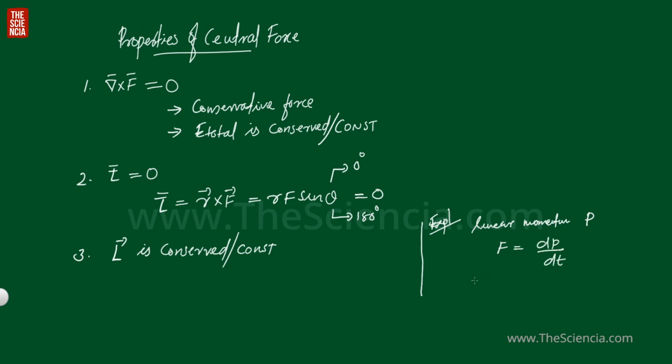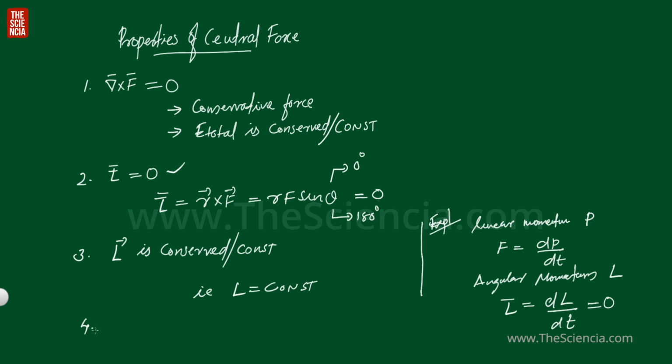Similarly, for angular momentum L, torque will be equal to dL by dt. And here I told you the torque is equal to 0. Therefore, L must be equal to a constant. That is, L is constant.